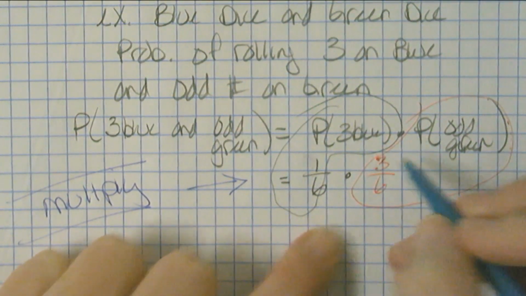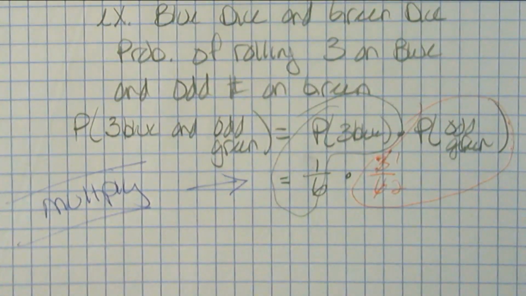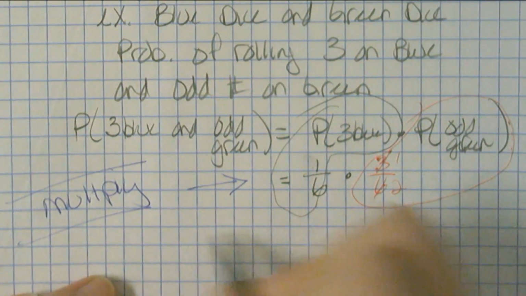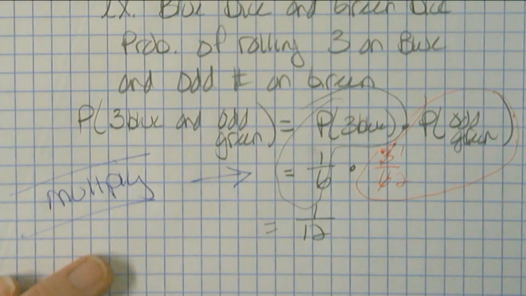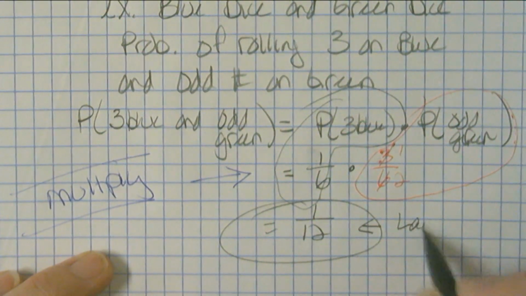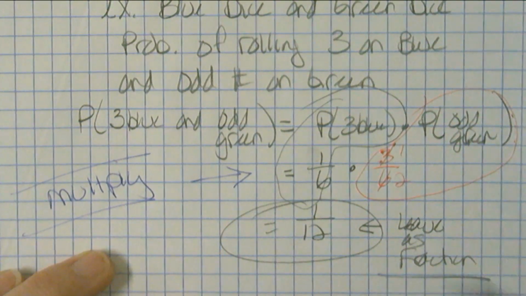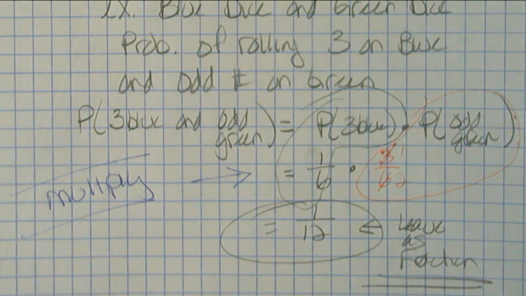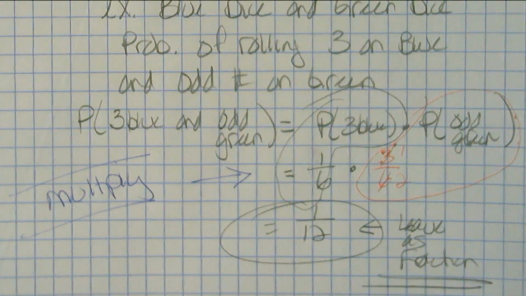I'm just going to simplify this second fraction. That ends up being 1/2. And now we just multiply. So my probability is 1/12. I want you to leave it as a fraction. Questions?